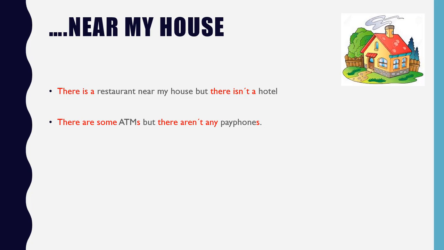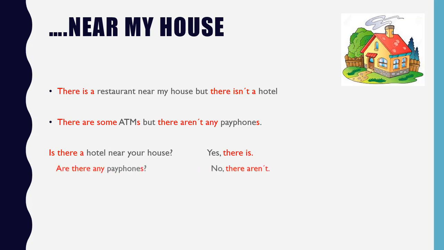There is, there are, there isn't, there aren't any. Is there? Are there any? So it's important to say that we use any for negative and any for interrogative. Okay, this is about unit number 6, the first part.